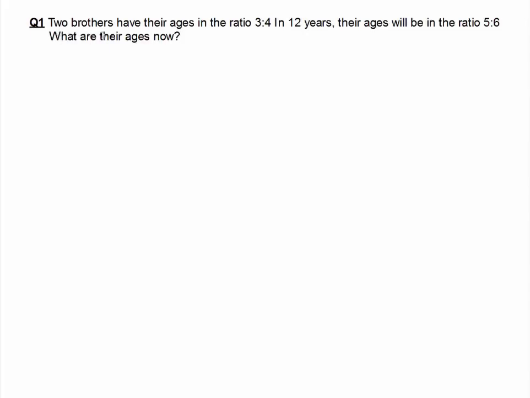It's given two brothers have their ages in the ratio 3:4. So first we say let their ages be 3x and 4x.